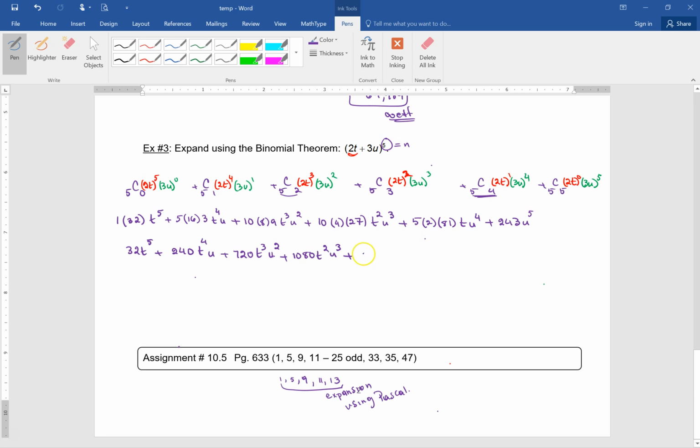Plus 810. Do not make the mistake of thinking that they're always going to be symmetric. Only Pascal's coefficients are symmetric, like the 1, 5, 10, 10, 5, 1. Other than that, no. So 810 t u to the 4 plus 243 u to the 5th. And there is binomial expansion using the binomial theorem.